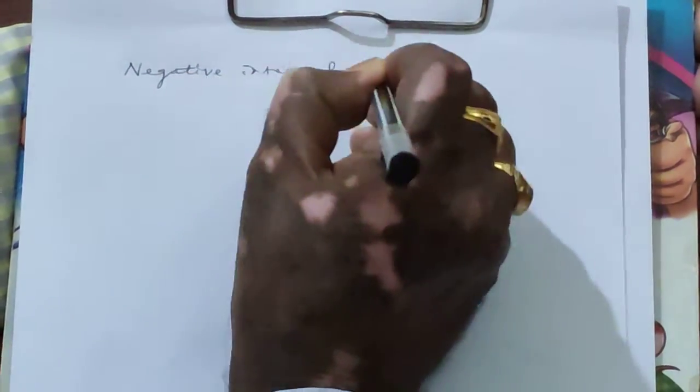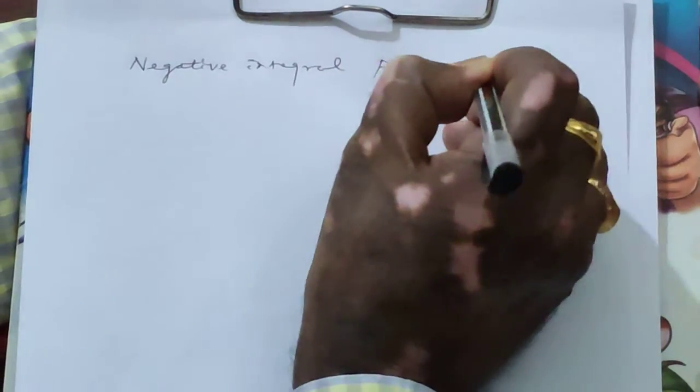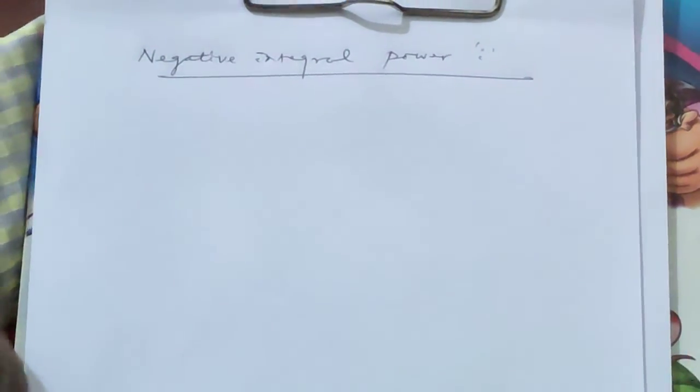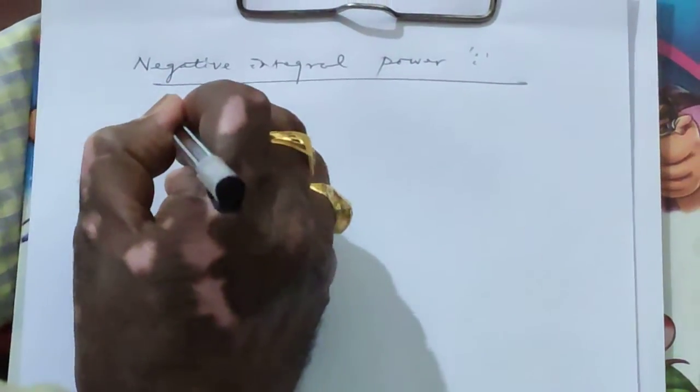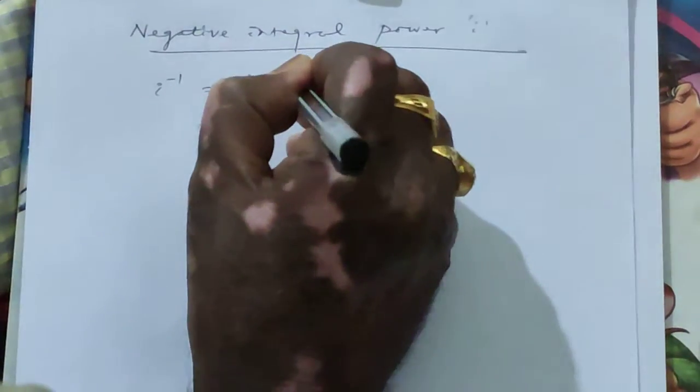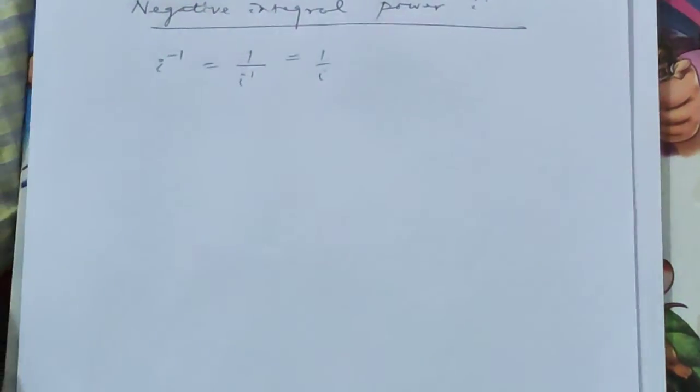Negative integral power of i. By the law of indices, i to the power minus 1 equals 1 by i to the power 1, equals 1 by i.